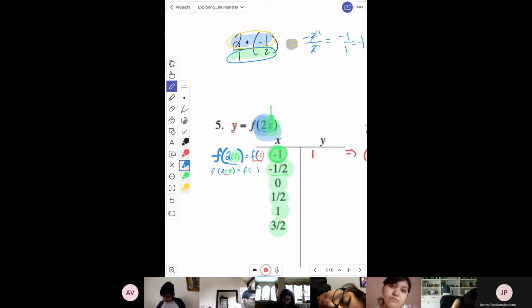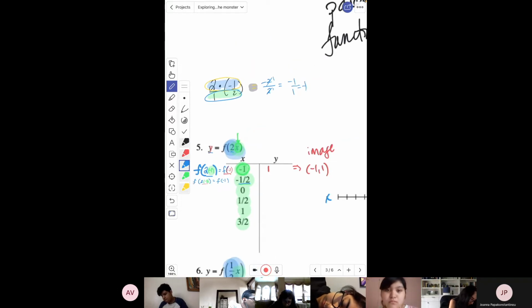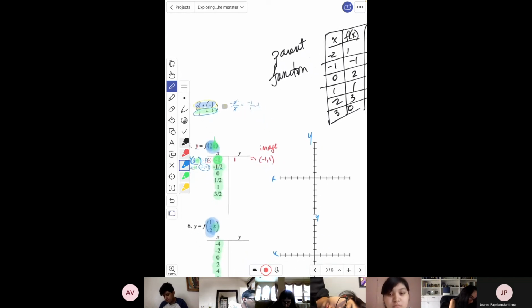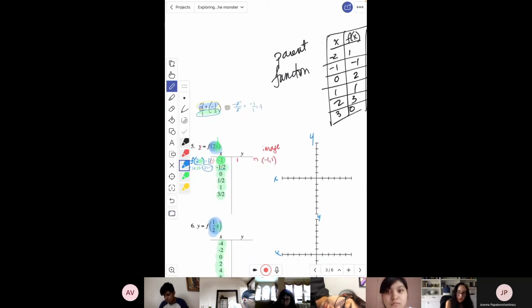So the output to this function, when I take 2 times this input, is the same as our parent function evaluated at negative 1. What is the output in our parent when the input was negative 1? Negative 1. Absolutely. So that's going to give me the point negative 1/2, negative 1.